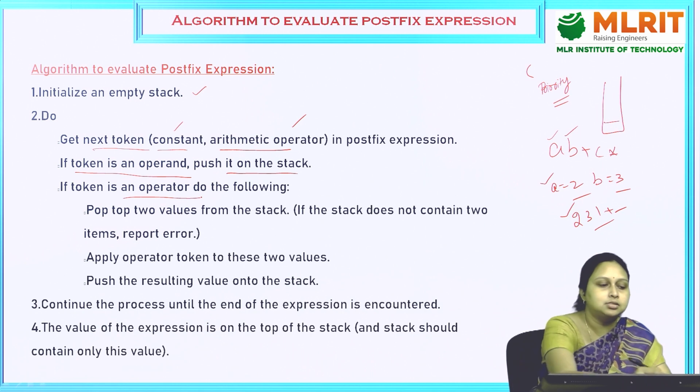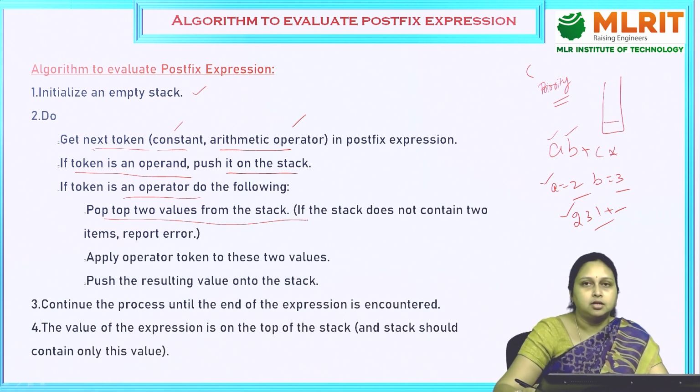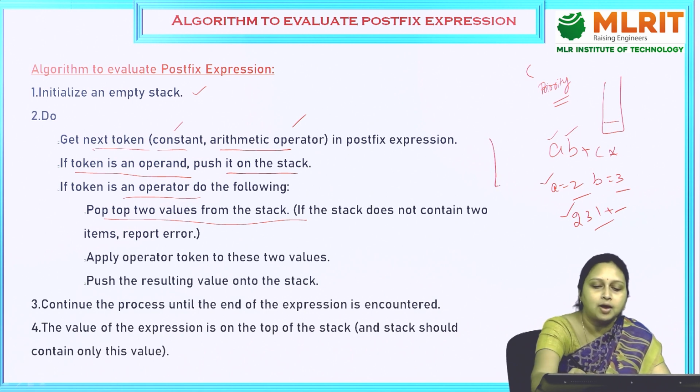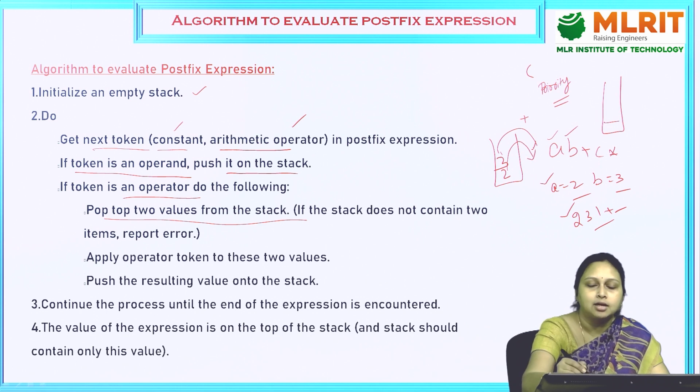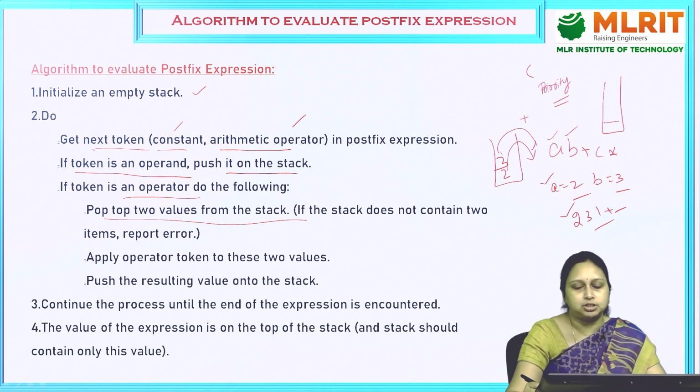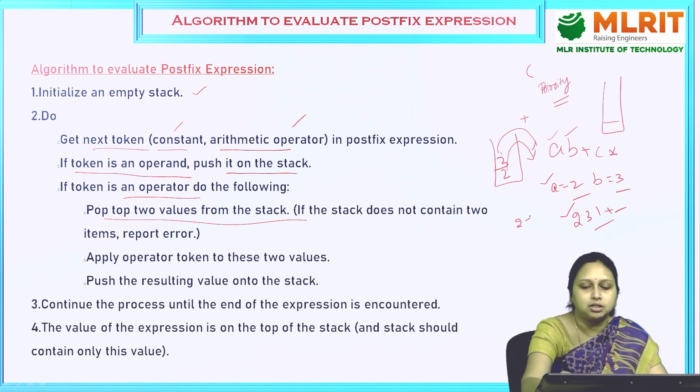In this case, we pop the 2 values from the stack. If there are 2 values in the stack and I find an operator, then I pop these 2 operands from the stack and evaluate. That means 2 plus 3 is nothing but 5. Like this way I evaluate.